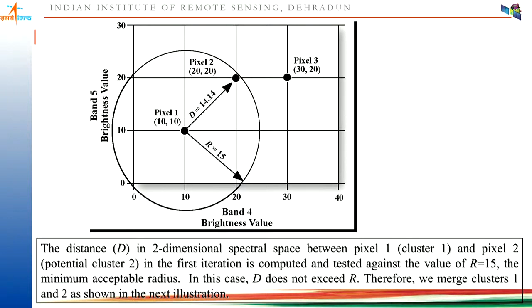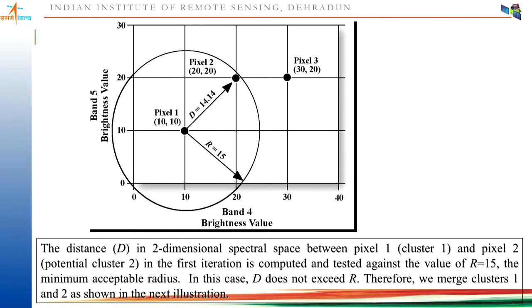When it calculates the Euclidean distance, it finds that D is 14.14. This 14.14 is compared with a parameter that the operator has provided. Suppose that parameter capital R is 15 in our case. Naturally, 14.14 is less than 15, so it will merge into the existing cluster.